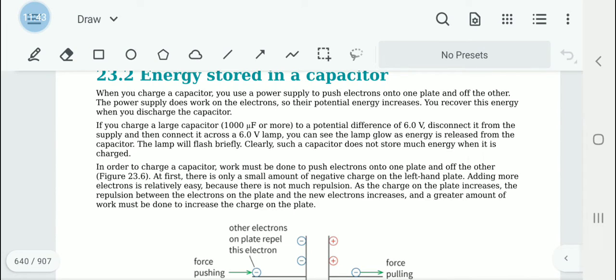A capacitor does not store much energy and it cannot provide a lot of energy when it is discharged.